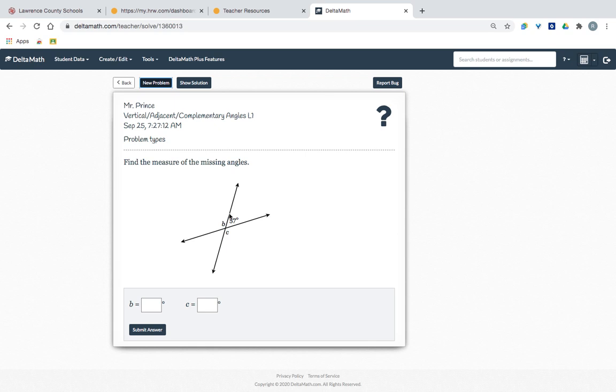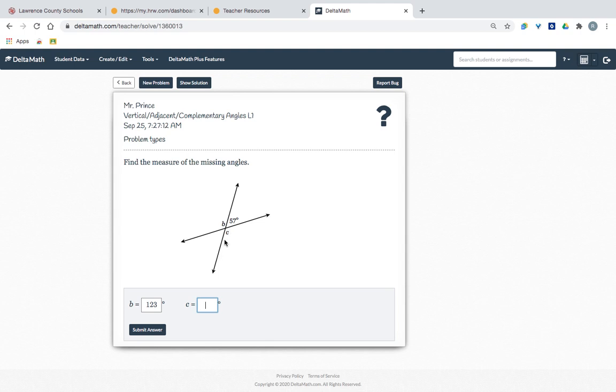To find out what B is, because B is the other part of this linear pair, you just take 180 and subtract 57. So 180 minus 57 is going to be 123 that you're left with. It's very, very simple.